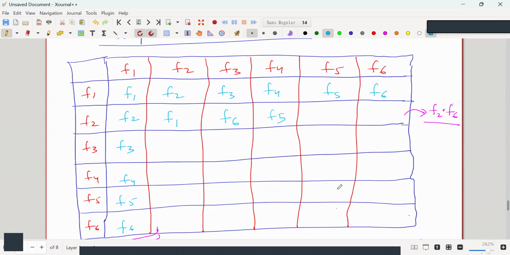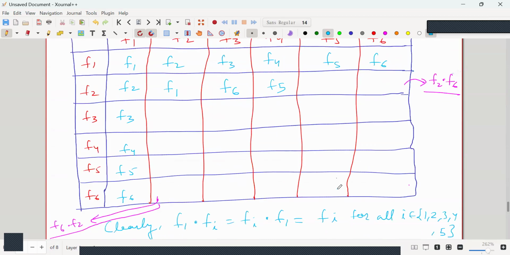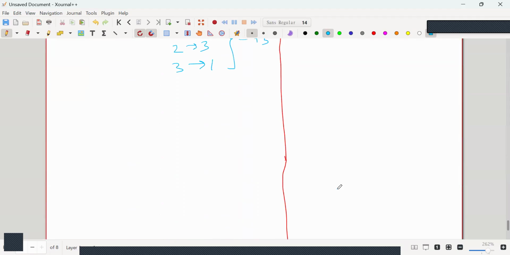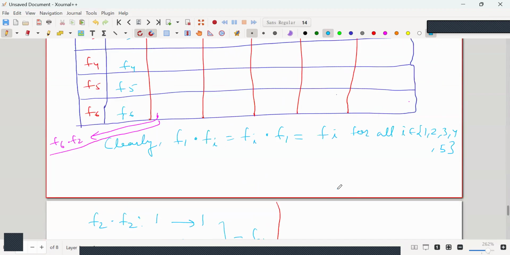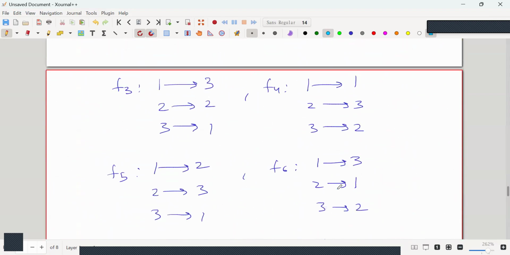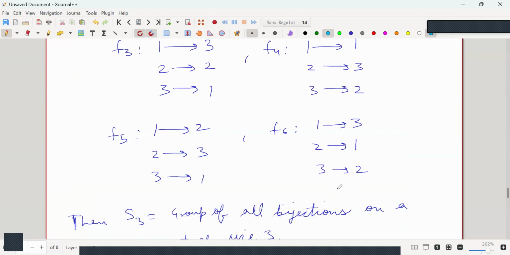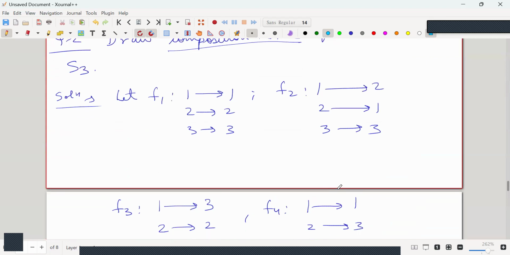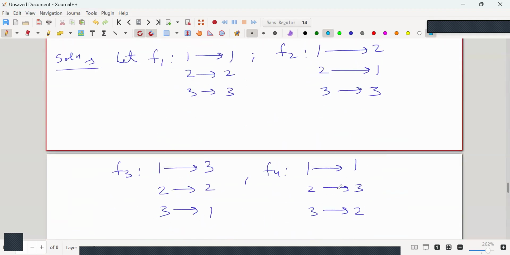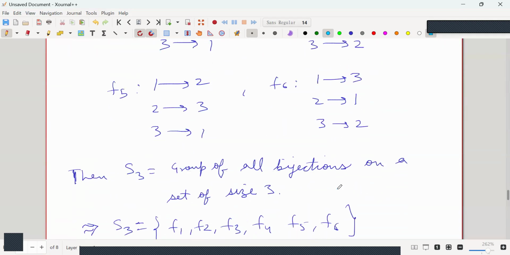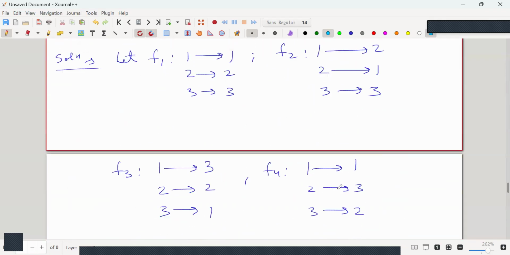Now what about F2 compose F5? F5 is sending 1 to 2, F2 is sending 2 to 1, so 1 will be mapped to 1, and then 2 is going to 3, 3 is going to 3, so it is 2 going to 3, and 3 going to 1, and 1 going to 2.